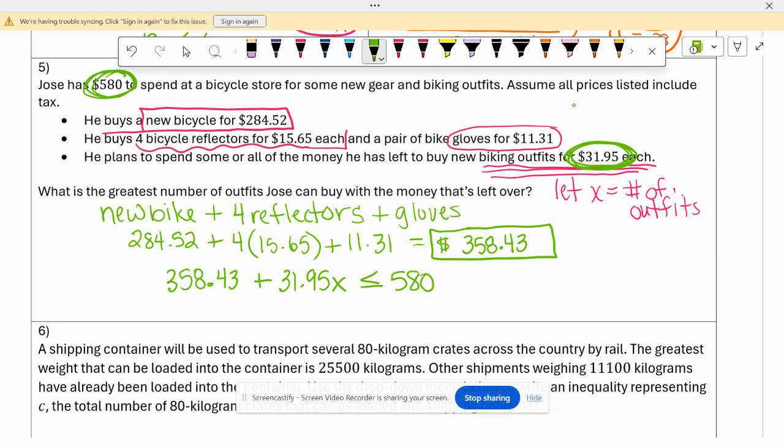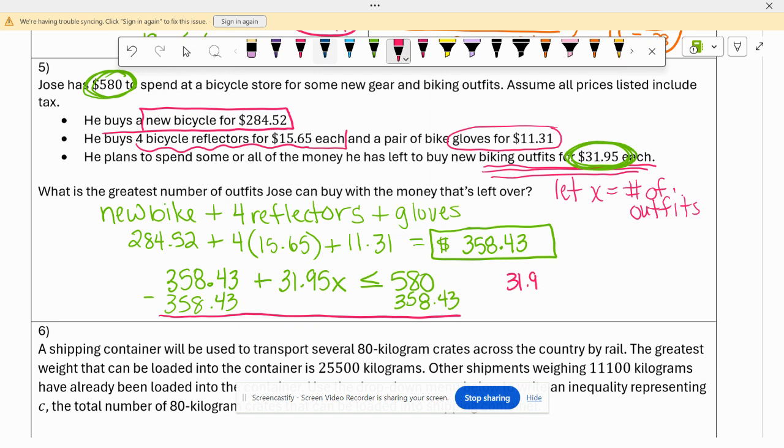So how many outfits can he buy? Well, we're going to do what Jaden said. We're going to subtract that $358.43. That'll tell us how much money he actually has left.